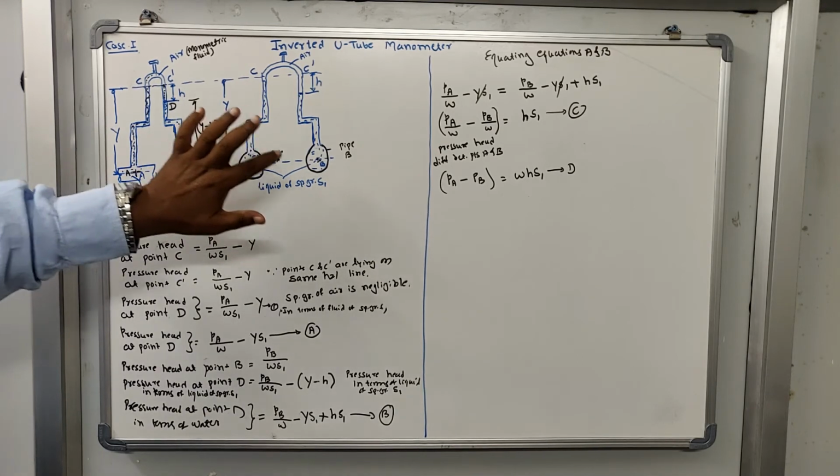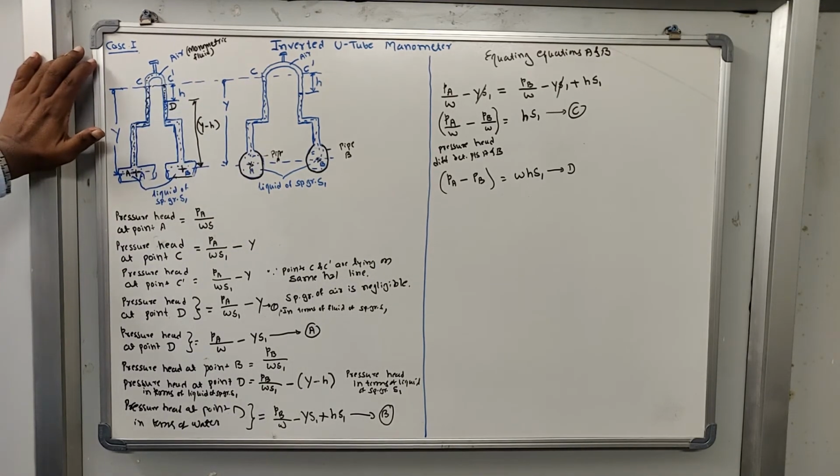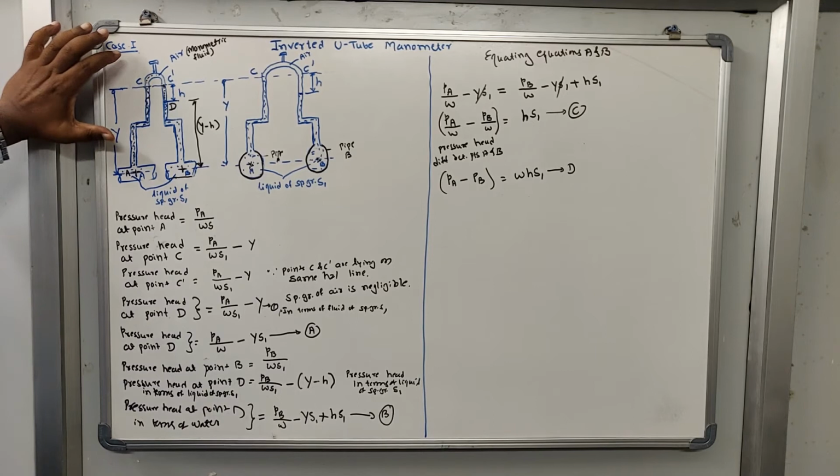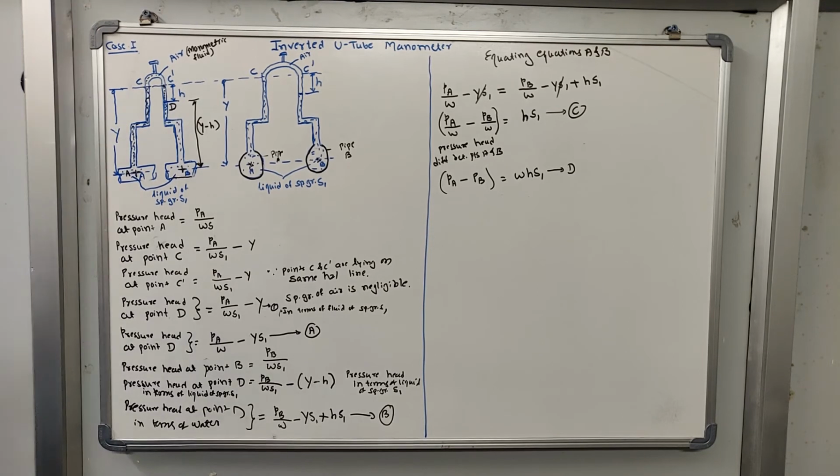Whenever the college reopens and you visit the institution, we will take you to the fluid mechanics lab and show you the different types of manometers. This is the inverted U-tube manometer.